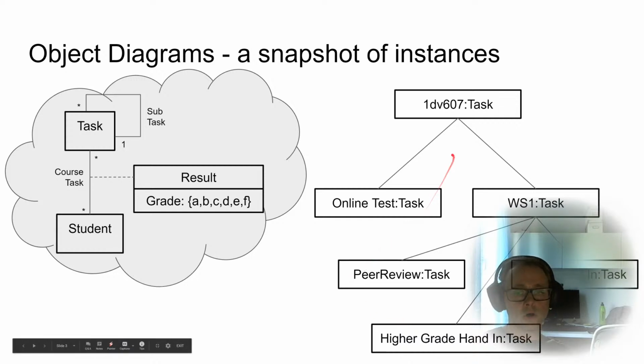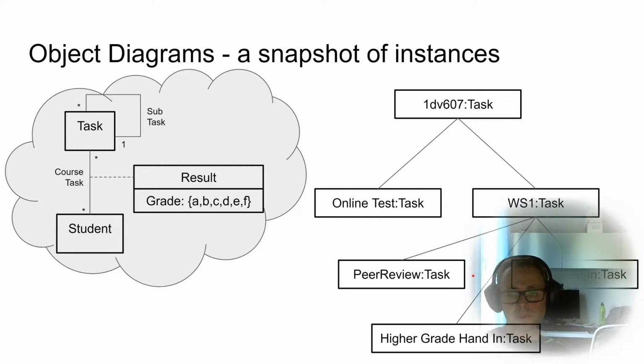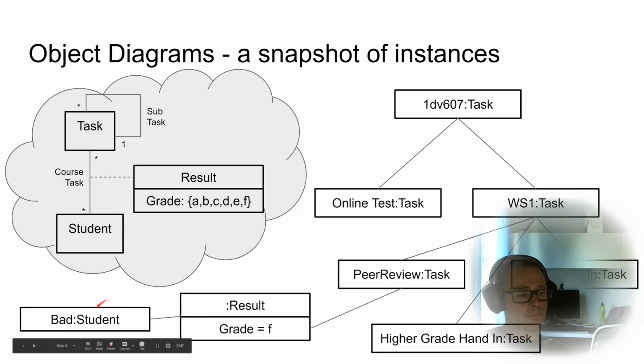So using the object diagram, you can explain how the objects will be arranged at a certain point in time. So this is after I've added all of the tasks for the 1DV607 course. At another point in time, maybe we have a student, the bad student, and the bad student has a result. You can note that this object is actually anonymous.